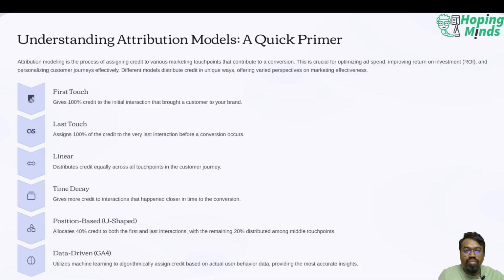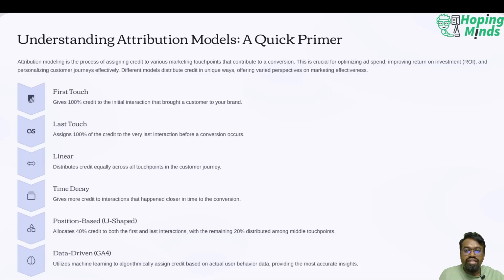There are different models that distribute credit in unique ways, offering varied perspectives on marketing effectiveness. These are the important attribution models that you need to understand, making sure that you understand the mindset of a customer.